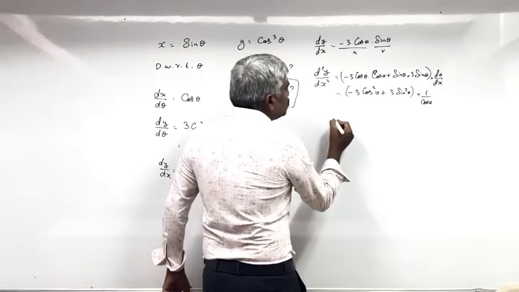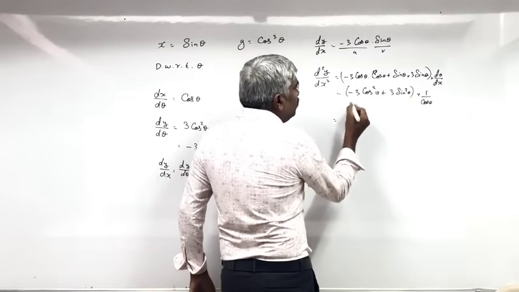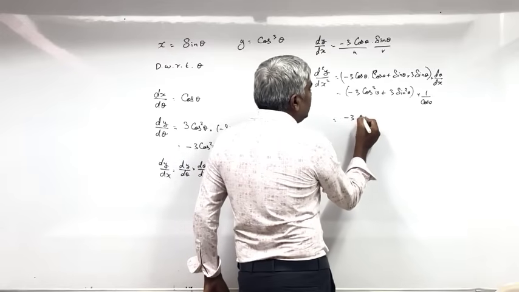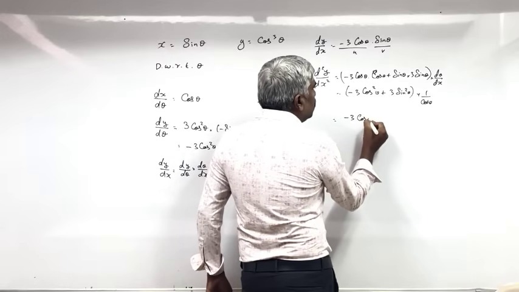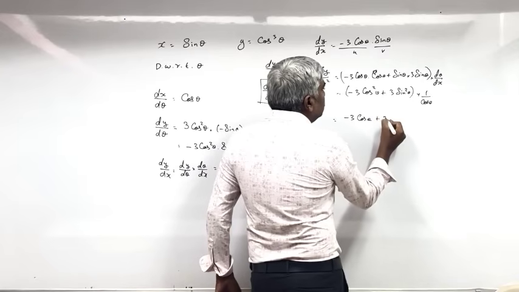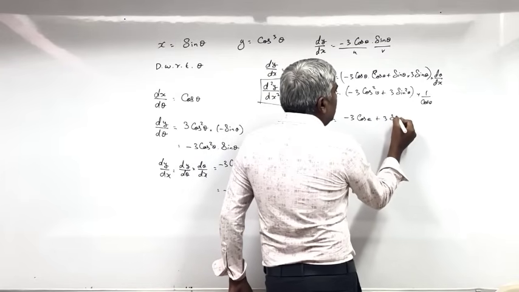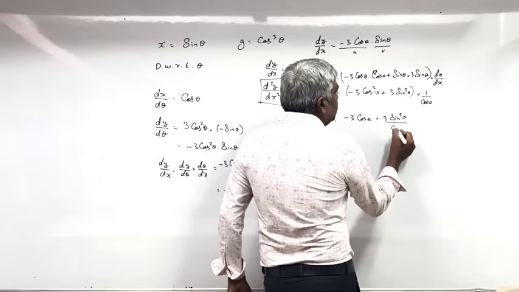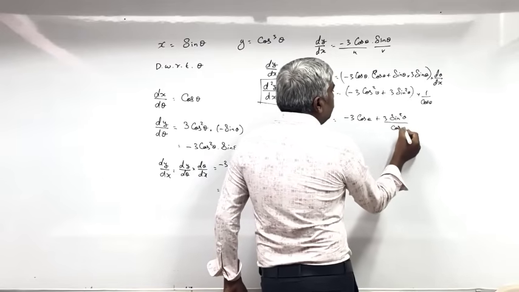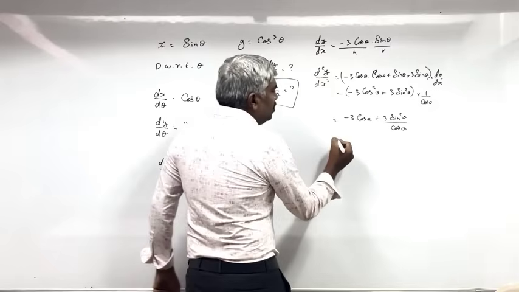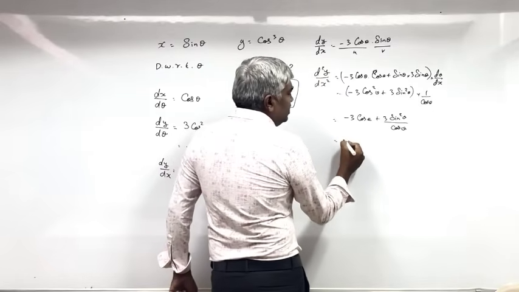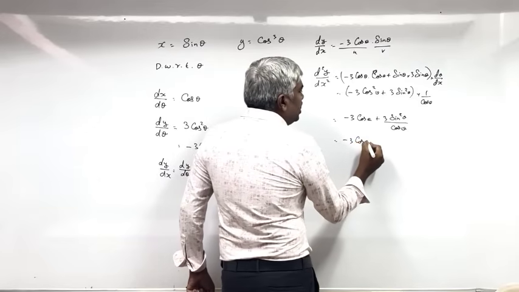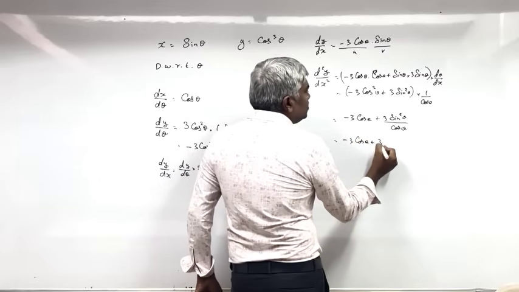So bring this cos theta into the brackets, which is minus 3 cos square theta plus 3 sin square theta, by cos theta. If you feel you can leave it at this step, or else you can simplify this.